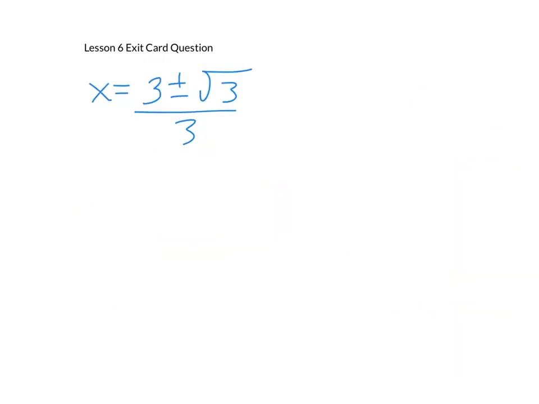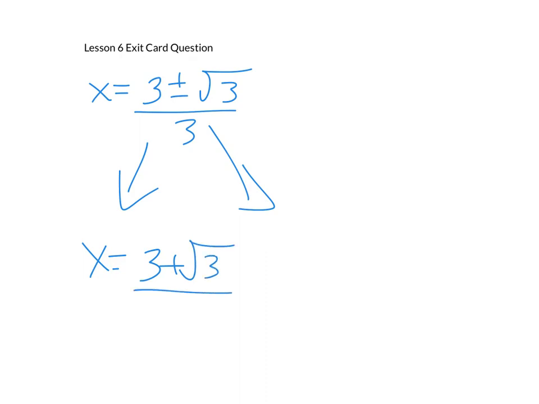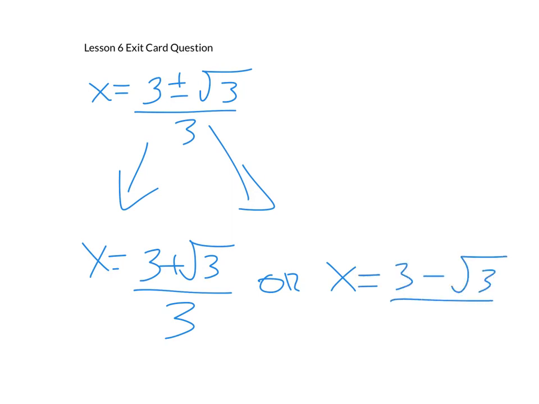So just cleaning that up, we see that x is going to be equal to 3 plus or minus the root of 3 over 3. And we're going to split that up into our two roots. So x would equal 3 plus the root of 3 all over 3. Or x would be equal to 3 minus the root of 3 all over 3.